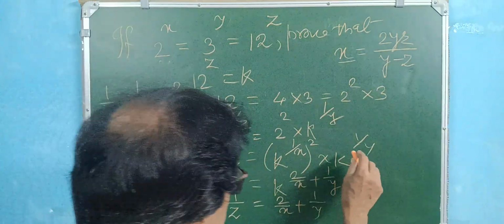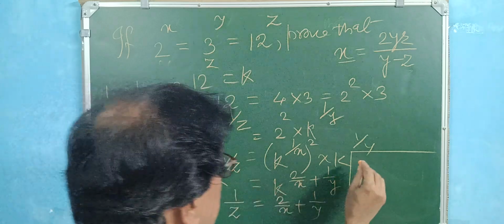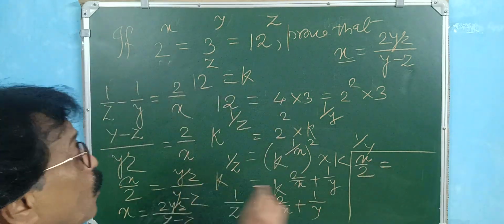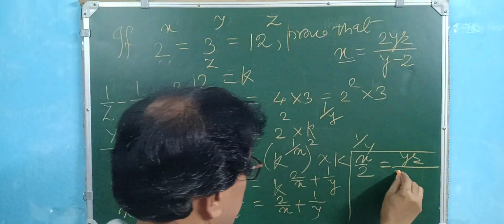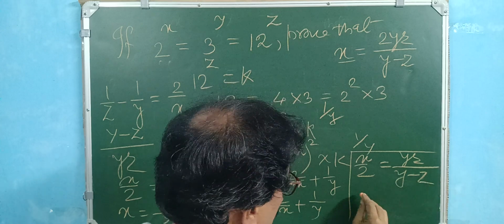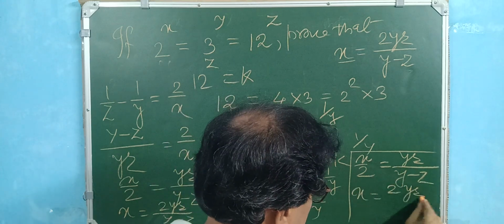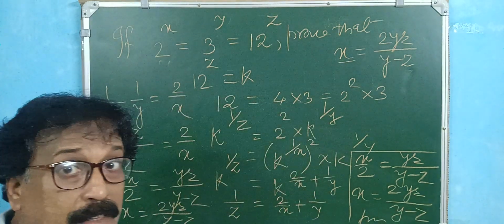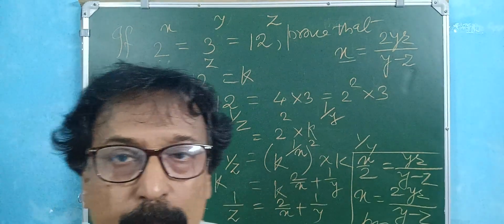Just I write here x by 2 is equal to yz by y minus z. So what's the value of x? x is equal to 2yz by y minus z. Clear? So in this way you solve the sum.